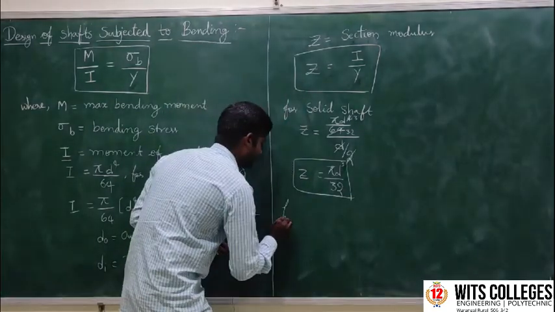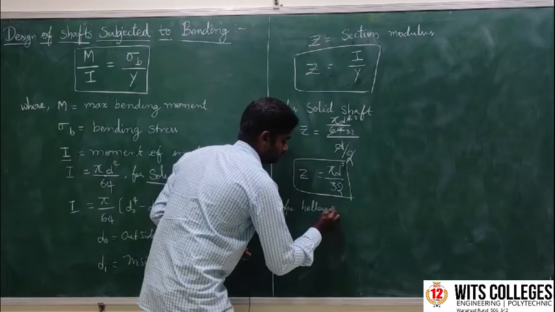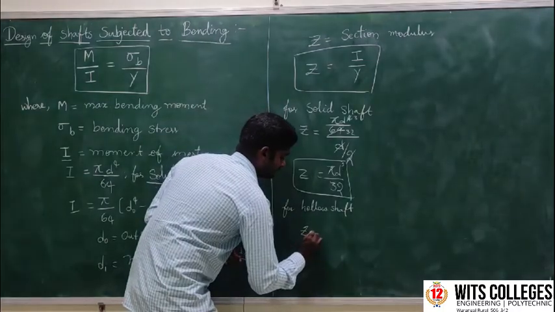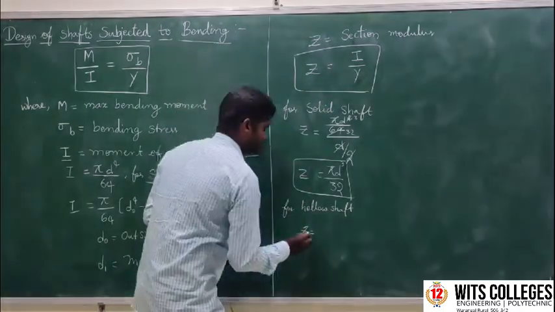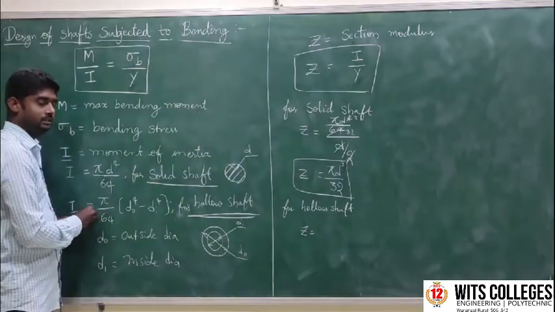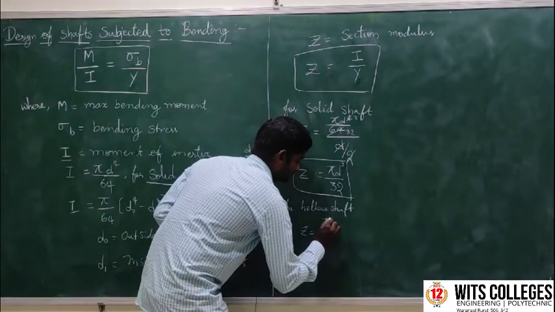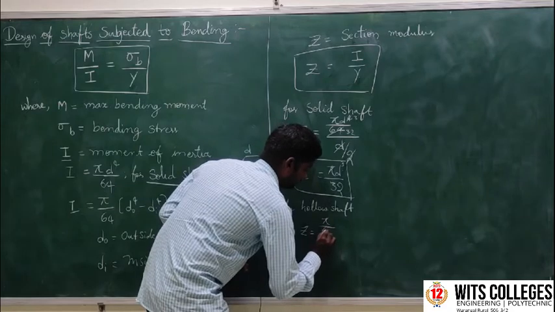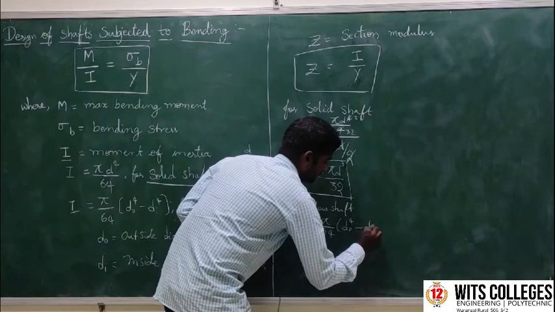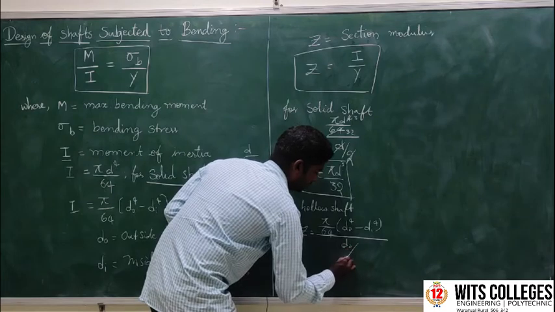For a hollow shaft, Z is the same formula, but we substitute the hollow shaft moment of inertia: pi by 64 into d naught power of 4 minus di power of 4, divided by y, which is d naught by 2.